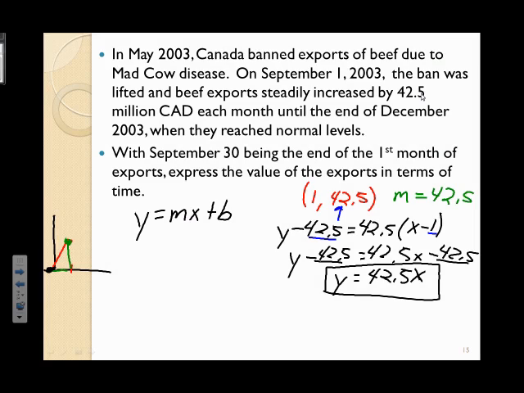Well, they didn't have any exports, so the value has to be 0. So the y-intercept has to be 0 here. And if that's the case, y equals our slope, we figured that out, is 42.5x plus 0. Well, then simply, we didn't have to write that, but since we did, we'll rewrite it here and say y equals 42.5x. Either way, it works.